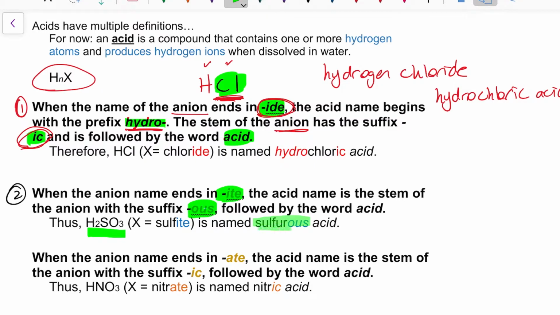So the name is going to be sulfurous acid. There's no hydro anymore. Okay, so when the name ends in ite, forget about the H. You recognize the H, it tells you it's an acid. Change the ending to ous and only use this guy to name it. This is sulfite, so it becomes sulfurous acid.